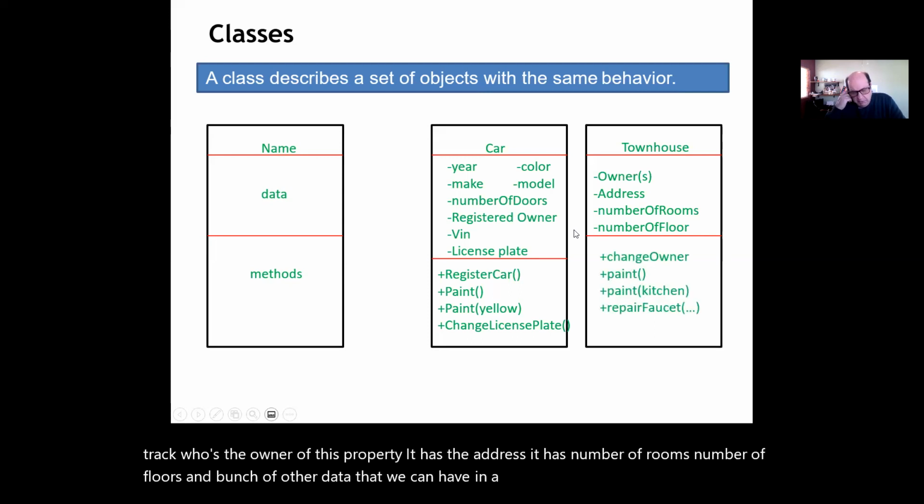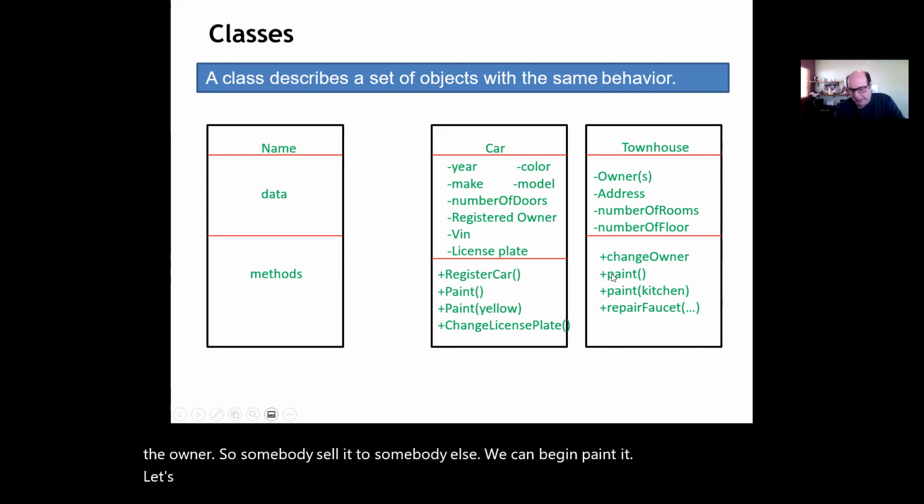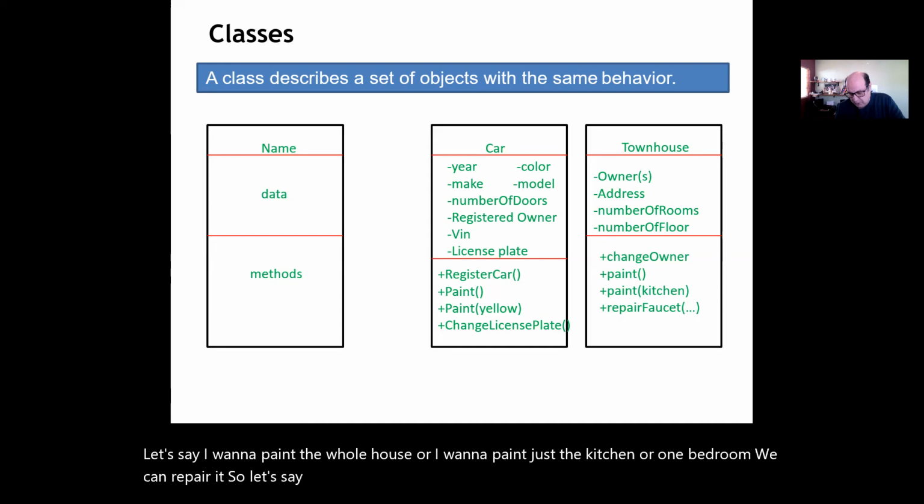And then the methods: it can change the owner, so somebody sells it to somebody else. We can again paint it. Let's say I want to paint the whole house, or I want to paint just the kitchen or one bedroom. We can repair it. Let's say I want to repair my faucet, then that's going to be a behavior that we can do with the house.